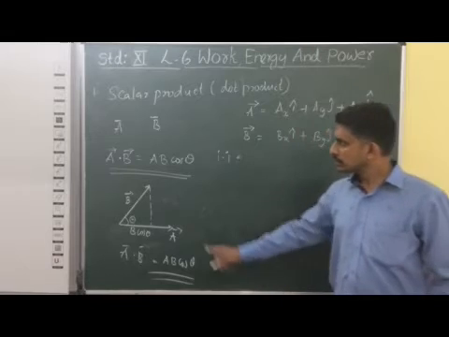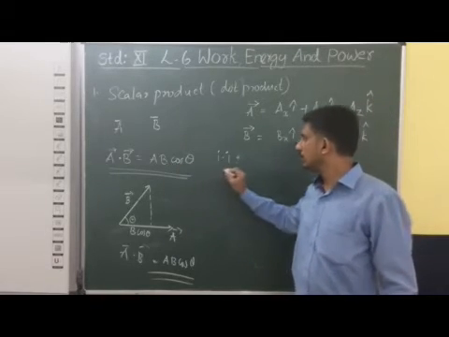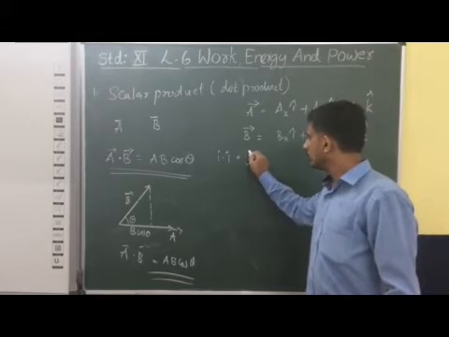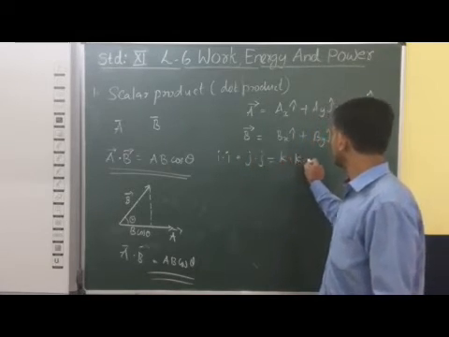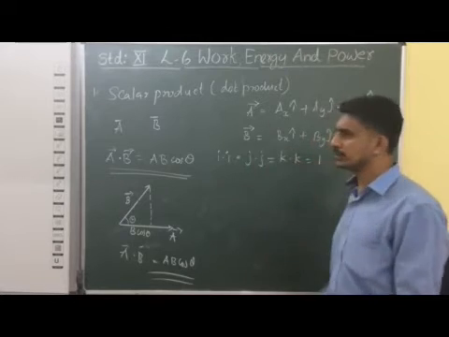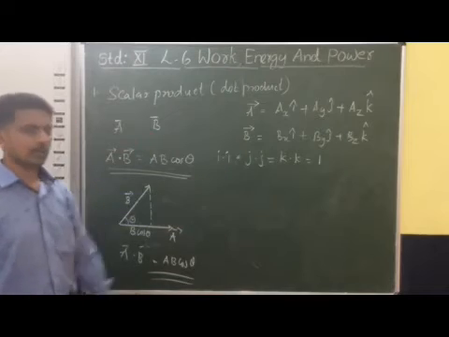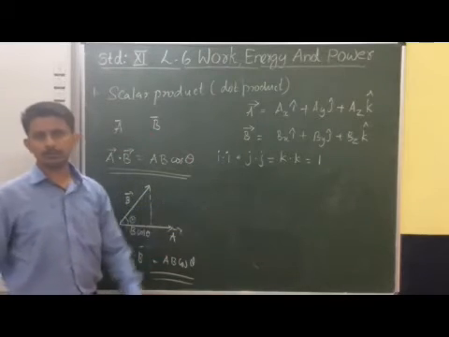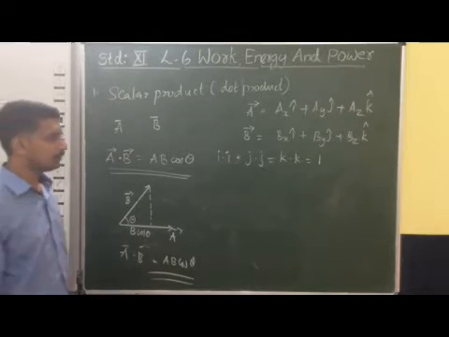Cos 0 is 1, so ultimately we get 1. That means i dot i, j dot j and k dot k are each equal to 1, because they are unit vectors.